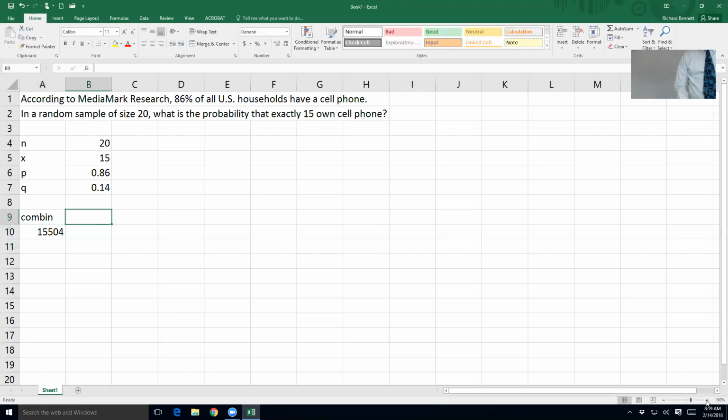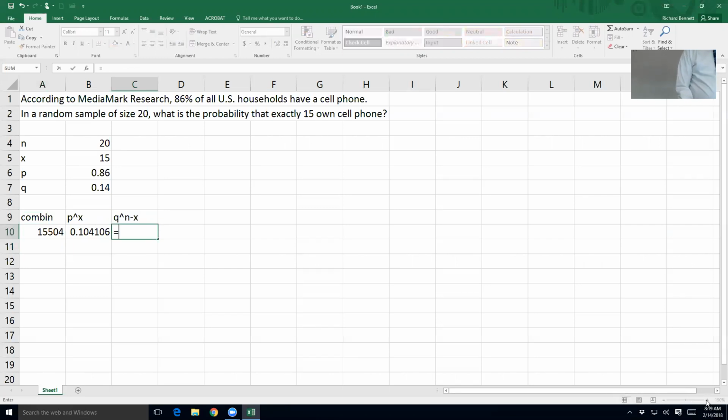Okay, so now I need p to the x. P is 0.86 raised to what power? The 15th power. And then I need q to the n minus x.